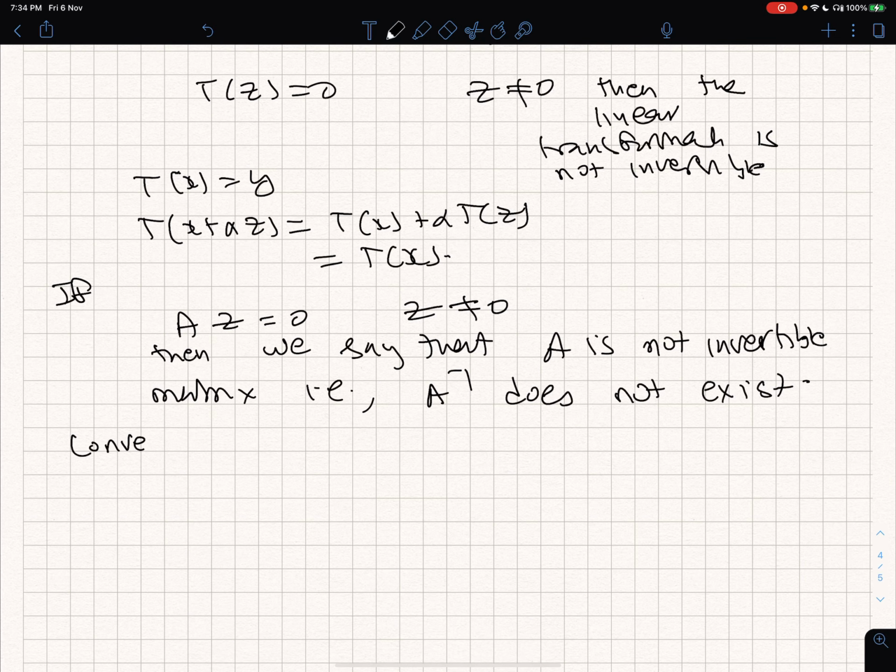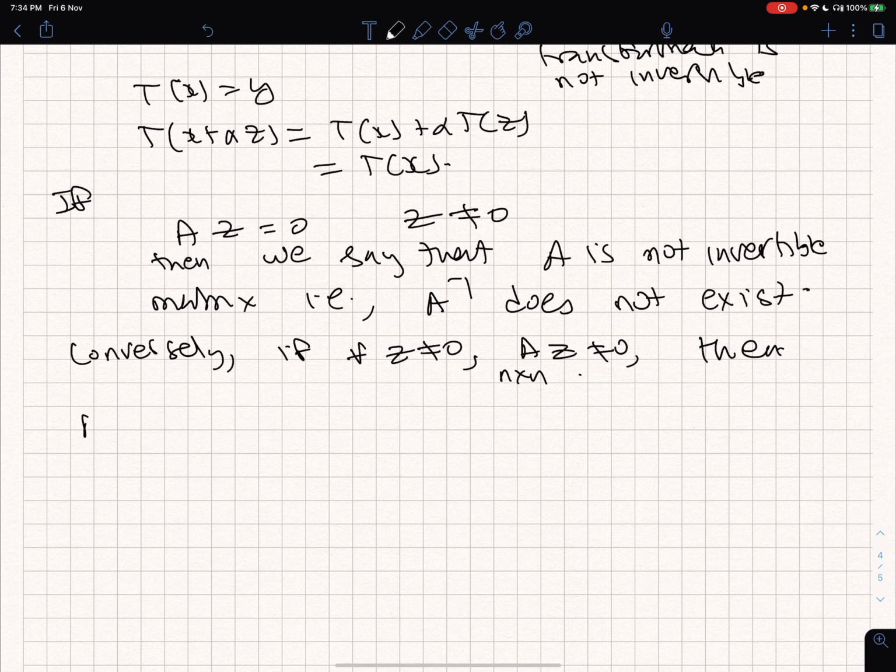Conversely, if for every z not equal to 0, Az is not equal to 0, where A is an n cross n matrix, then A will be an invertible matrix.